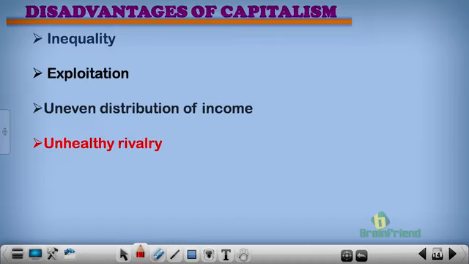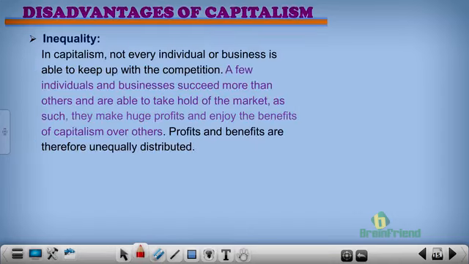Having looked at all these advantages of capitalism, I'd like us to see the disadvantages of capitalism. Capitalism has some disadvantages such as inequality, exploitation, uneven distribution of income, unhealthy rivalry. We'll take them one after the other.